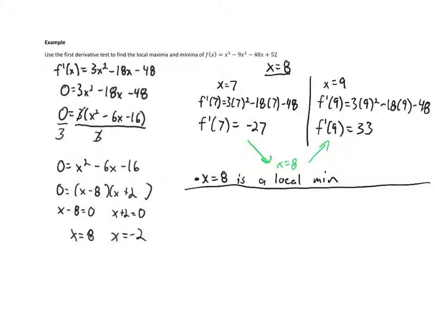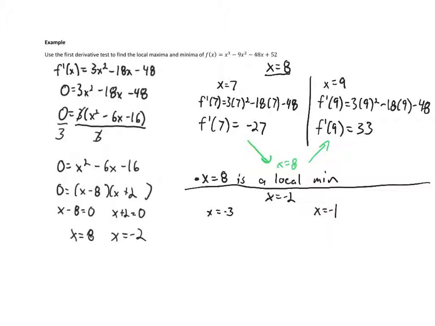So we're going to do the same thing now, but we're going to consider x equals -2. So if we plug in, well, really we want to pick points to the left and right of -2. So let's pick like x equals -3 and x equals -1.